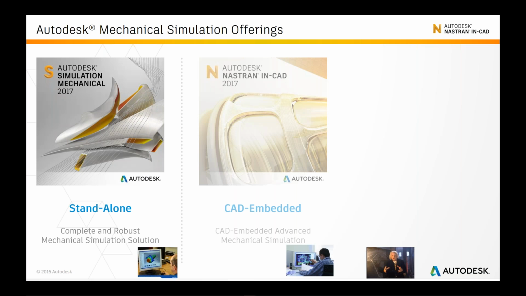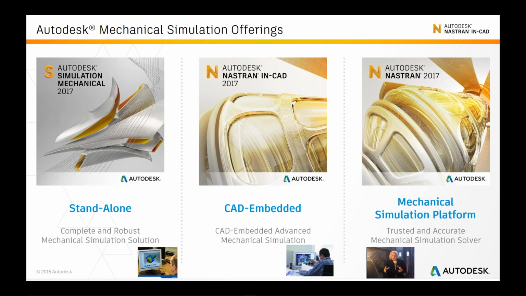Okay, so this gives us a chance to show the mechanical simulation offering, starting from right to left. We have Autodesk Nastran. I'll talk about how Autodesk Nastran came into the picture, but before that, I'd like to show you the mechanical simulation offering.